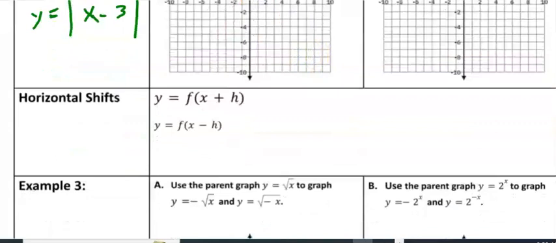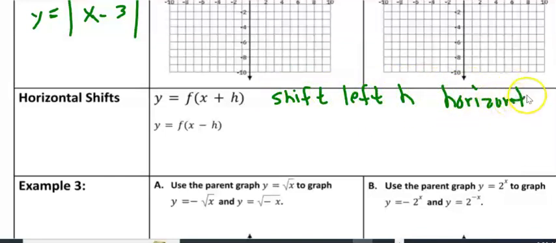Okay, so x plus h means you're going to shift left h horizontally. X deals with horizontally, so just left h, correct?